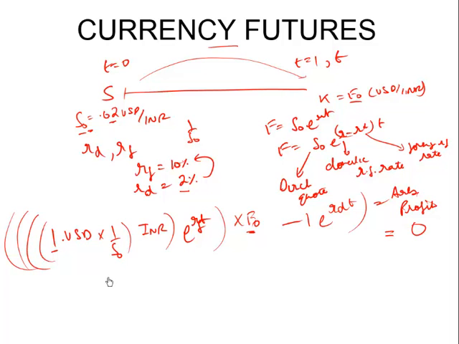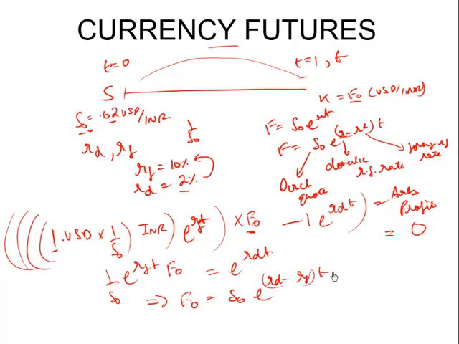So let's solve. 1 by S0 into e raised to the power rf into T into F0 will be equal to e raised to the power rd into T, or F0 will be equal to S0 e raised to the power (rd minus rf) into T.